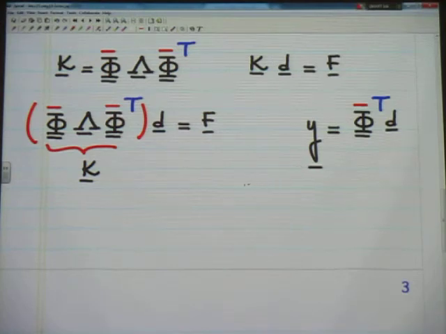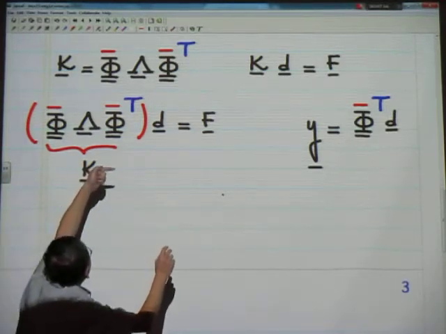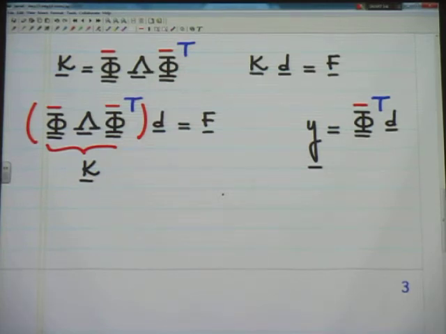And you pre-multiply, meaning multiply from the beginning, both sides by phi bar transpose. So now what you have is phi bar transpose multiplied by phi bar and lambda. I need to copy the whole thing.